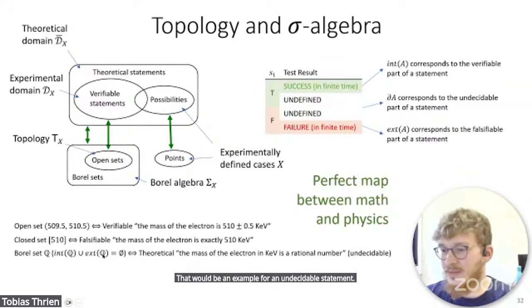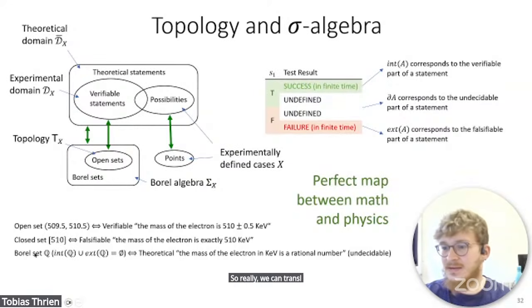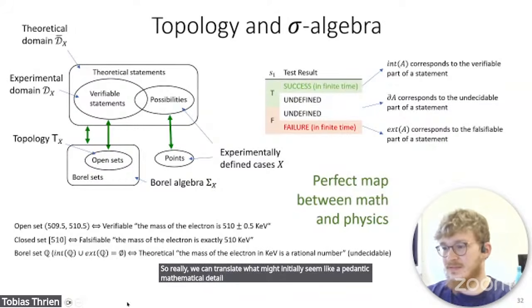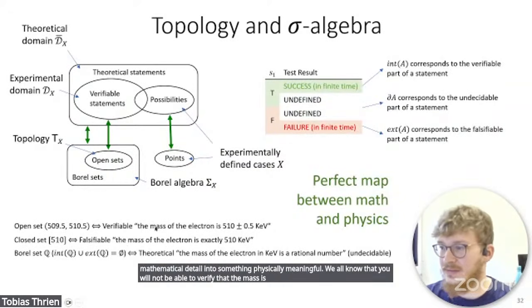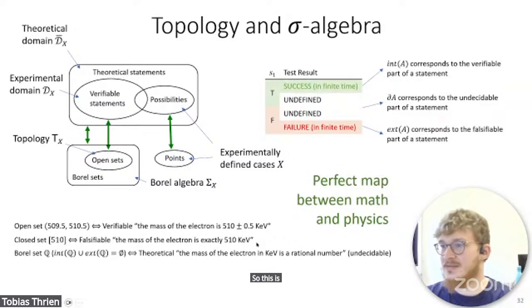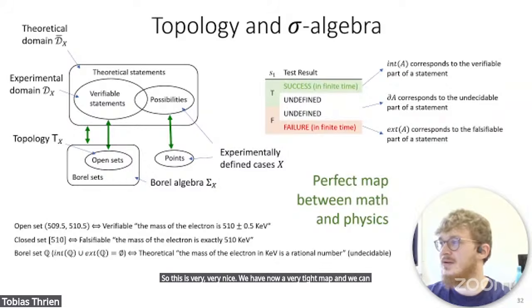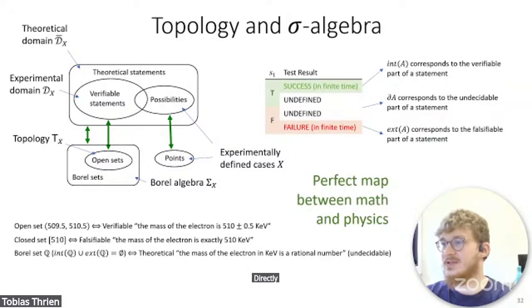So really we can translate what might initially seem like a pedantic mathematical detail into something physically meaningful. We all know that you will not be able to verify that the mass is exactly this value. So this is very nice. We have now a very tight map, and we can basically translate directly between math and physics.